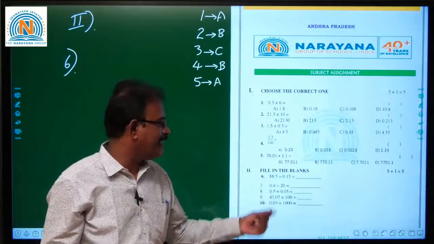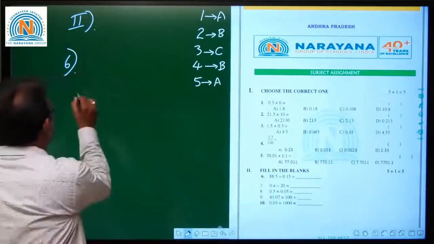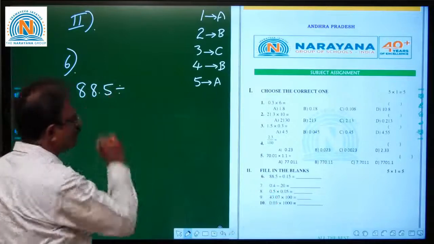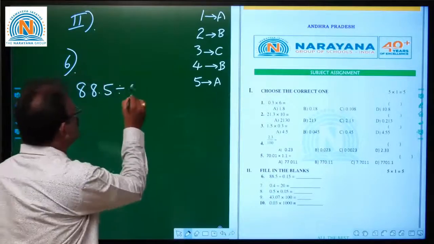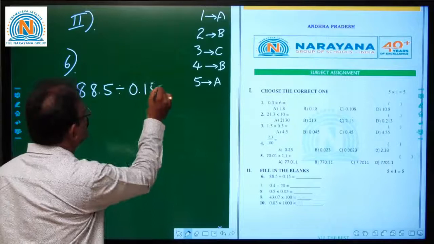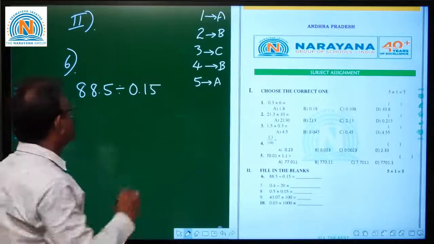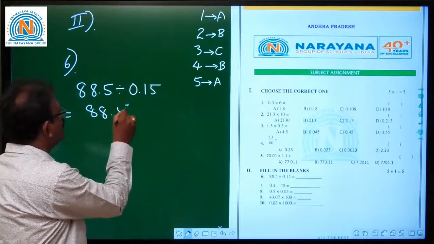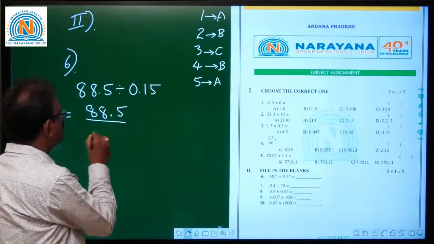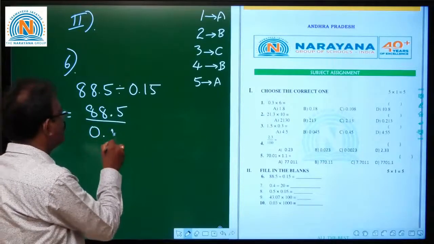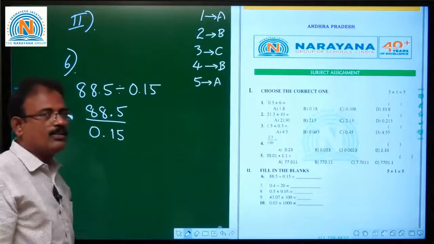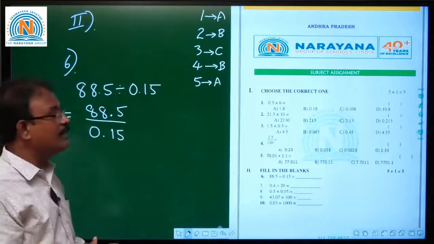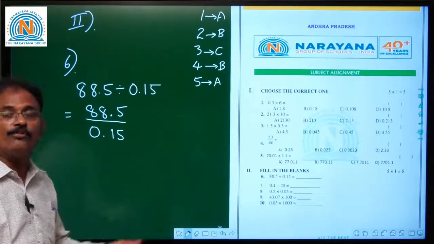So the sixth one, 88.5 divided by 0.15. So as you know, children, 88.5 divided by 0.15. In the division of decimal numbers, let us identify the number of digits in both numerator as well as in denominator.